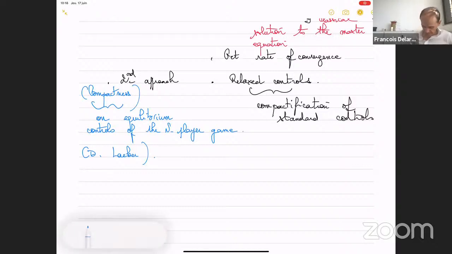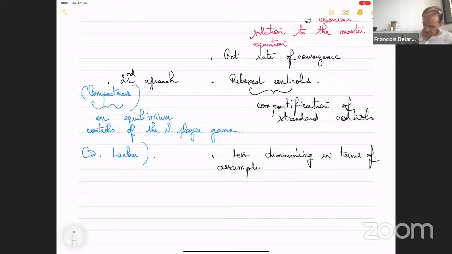At the end of the day, this is less demanding in terms of assumptions, which is a really good point, because you don't need as many assumptions as in the first approach. But the drawback is that since this is a compactness method, there is no rate of convergence. As usual, there are some advantages on the one hand, and some drawbacks on the other. Anyway, all these approaches are complementary.